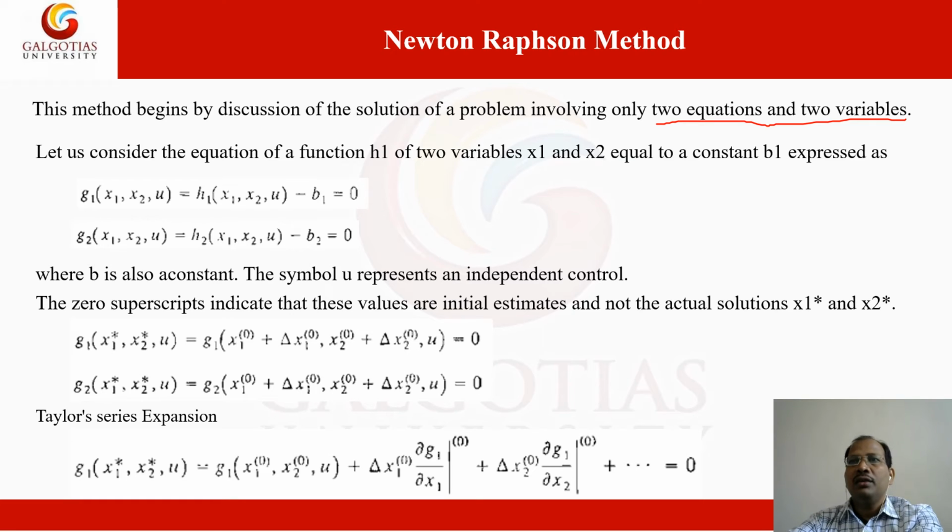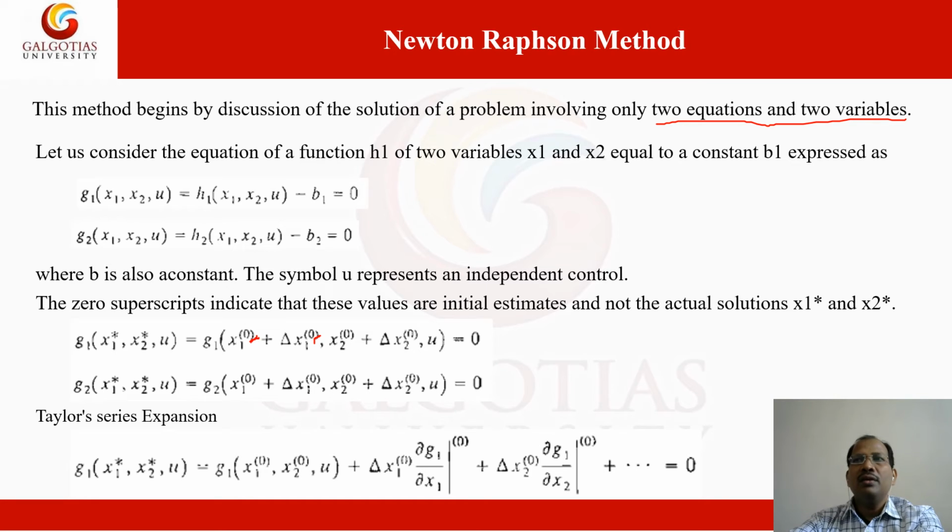In such a case, we are just going to start with some initial value. So we have to consider an initial value, represented by x1 of 0. These represent initial values, or we can say the iterations.